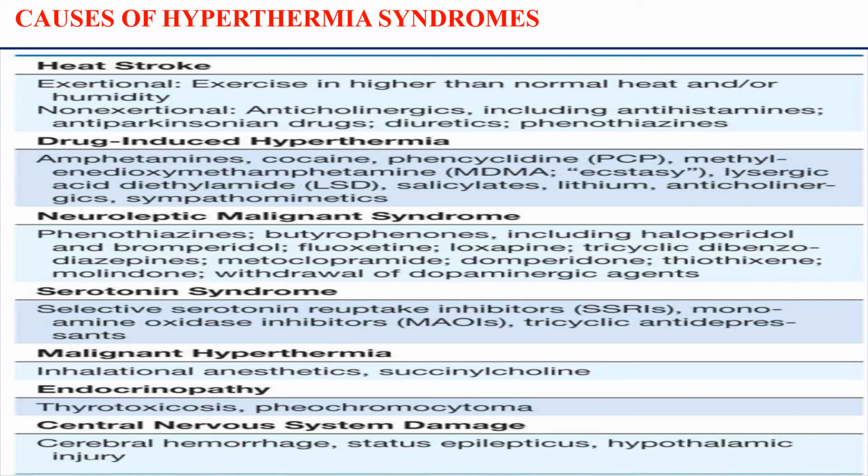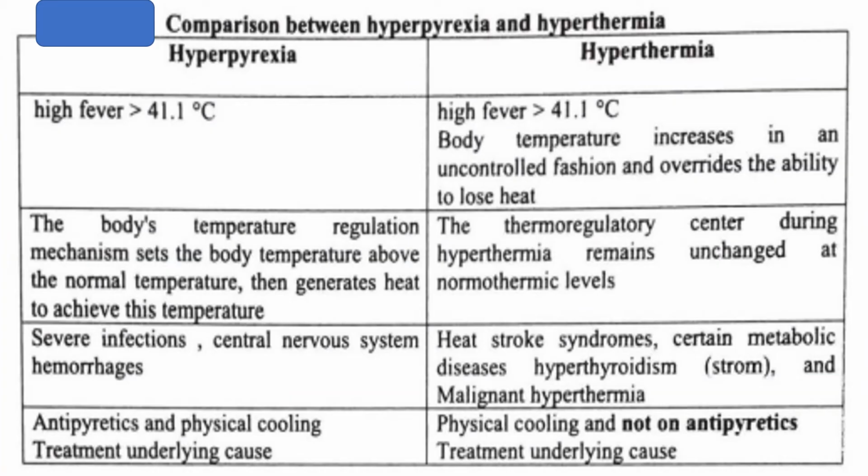You can read about these diseases in internal medicine. Central nervous system damage: cerebral hemorrhage, status epilepticus, hypothalamic injury. These are important because some patients with increased temperature may come in coma due to this, so you must examine them carefully.